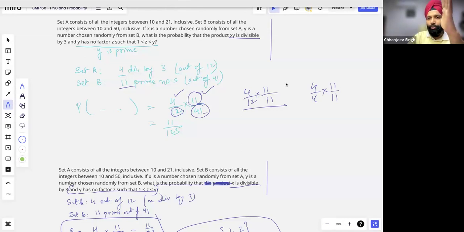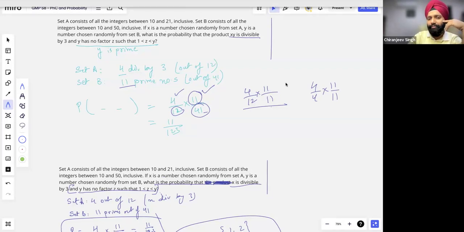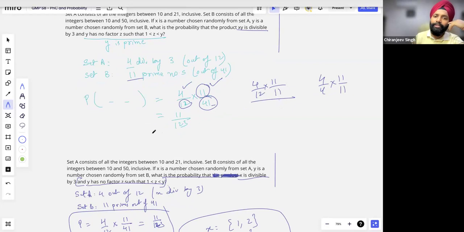You have to ensure both. So you have to take x divisible by 3, because only then will xy be divisible by 3, since you are also ensuring that y is a prime number. In the second case, it is just x divisible by 3 and y is a prime number. So both are the same situation, and the answer should be the same.